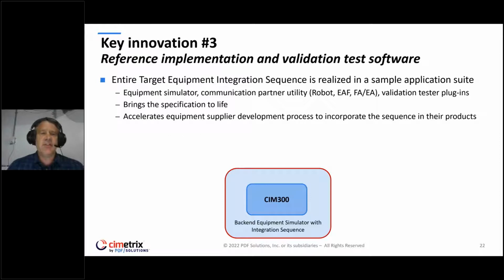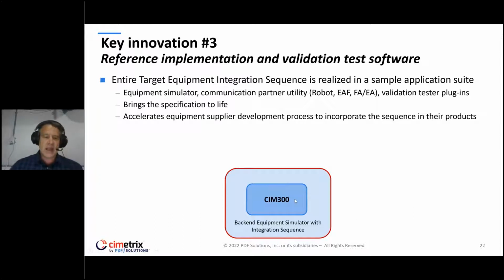A third key innovation is providing a reference implementation and validation test software. So rather than just saying, here's a specification, please read it and figure it out, which is a very hard thing to do for any specification, there is also a reference implementation available.